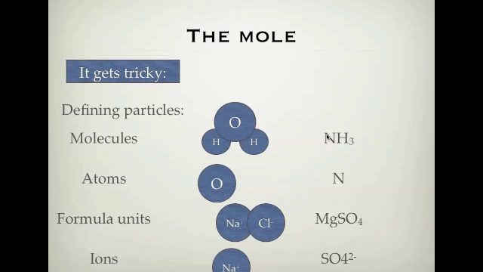Another example, molecules, NH3. Ammonia is a molecule. From this molecule, you have different atoms in there. You have N, which is just a plain atom by itself. Formula units, magnesium sulfate, MgSO4, is a formula unit. And then your ion could be magnesium 2+, but sulfate here is an ion as well.